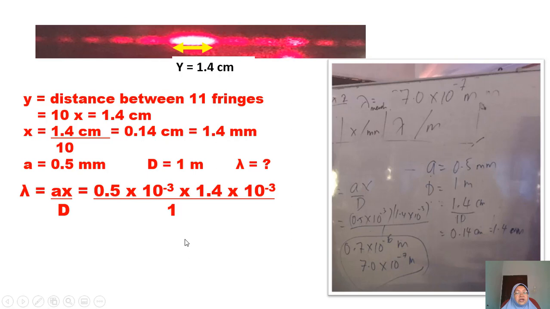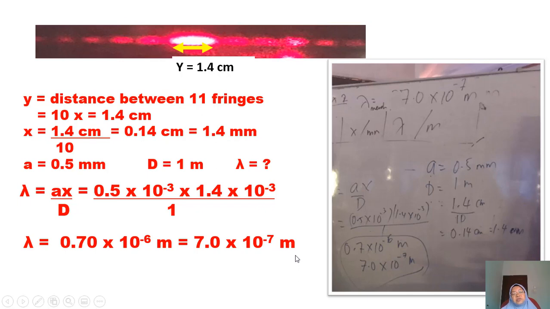So 0.5 times 10 to the minus 3 converted to meter, 1.4 times 10 to the minus 3 converted from millimeter to meter, and D is 1 meter. Okay, so the answer is 7.0 times 10 to the minus 7 meter. The value is quite near to the actual value, about 6.5 times 10 to the minus 7 meter, right?